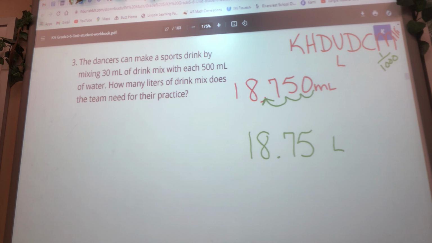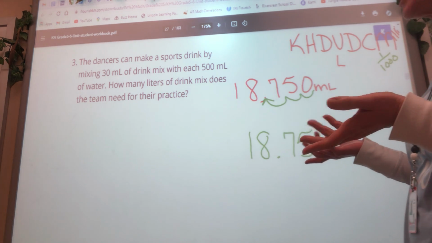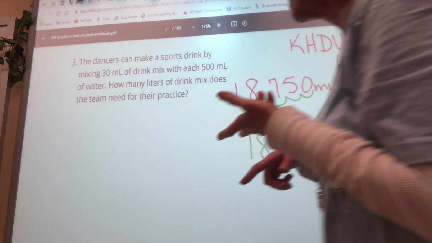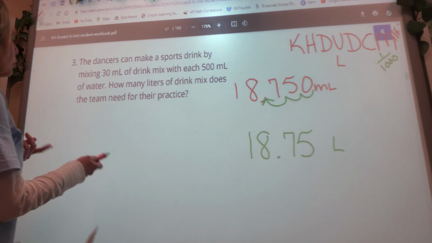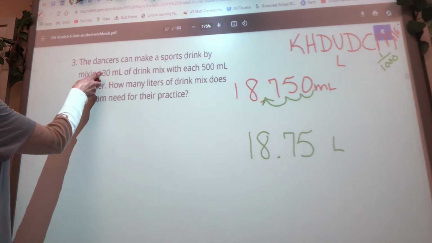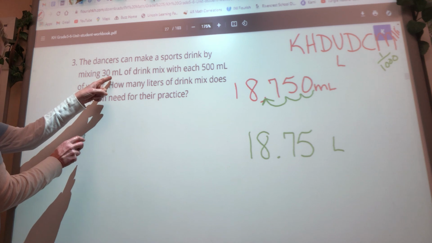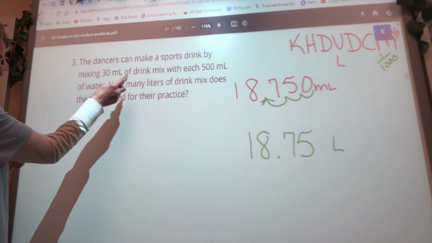Well, it takes 30 milliliters for a 500 milliliter bottle. We have to remember back to problem number 1: they drink 1.5 bottles.